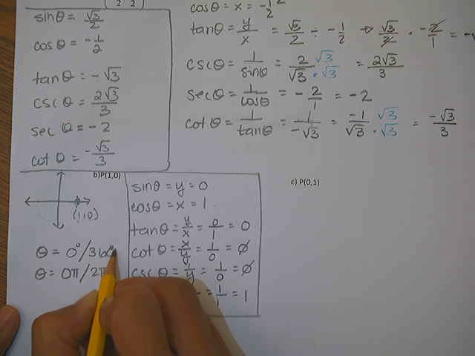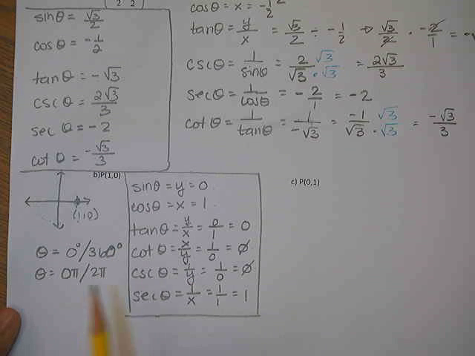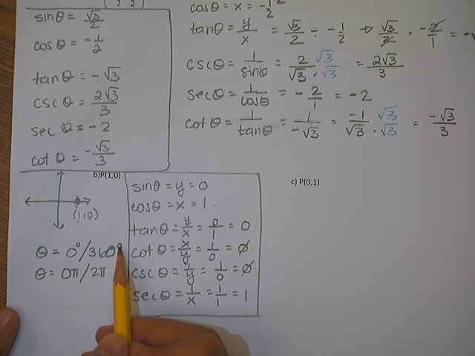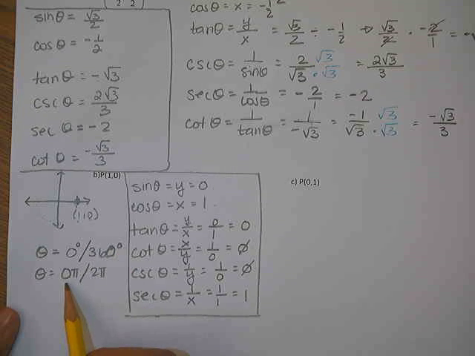Oops, I meant to say 360 degrees. If we're talking about degrees, then you need this little symbol right here above the bubbles to represent degrees. If there is no symbol, then by default we're going to say that the unit of measurement is radians, okay?